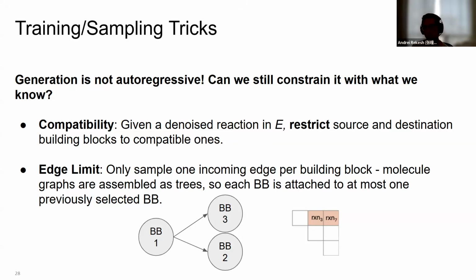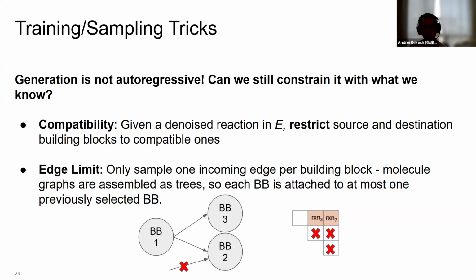Another thing is that we only have linear molecules, so no cyclization reactions, no macrocycles or anything like that. Because we assemble our molecules in our training set one building block at a time, we know that, for instance, building block 2 is only going to have one incoming edge. There's not going to be some other building block connected to building block 2 because building block 2 is picked after building block 1.